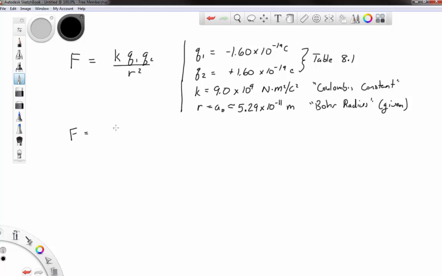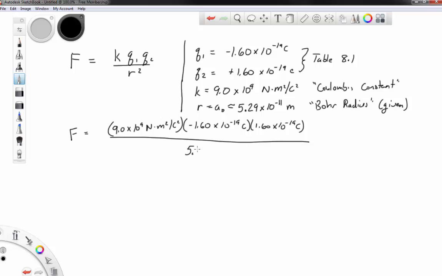So this force is going to look like 9.0 times 10 to the 9th newton meters squared per coulomb squared, multiplied by minus 1.60 times 10 to the minus 19 coulombs times plus 1.60 times 10 to the minus 19 coulombs, divided by 5.29 times 10 to the negative 11 meters squared.